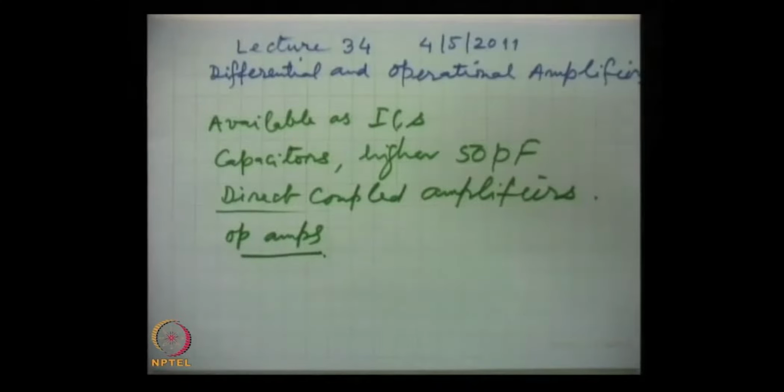Because these amplifiers can be used for summing, subtraction, multiplication and integration, differentiation; all kinds of mathematical operations can be realized using these amplifiers, and that is why they are called operational amplifiers.